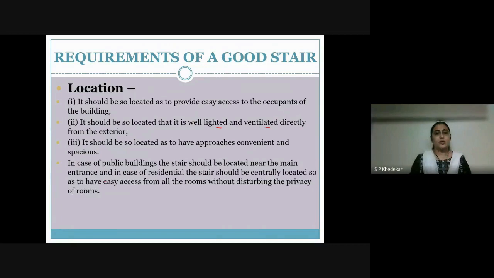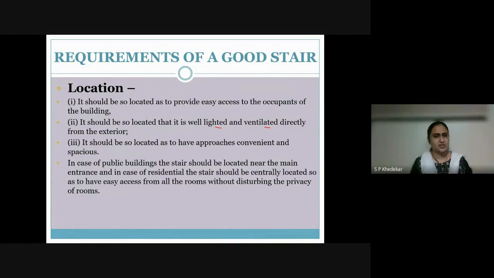Now, when we talk about buildings, there are two types: residential and public buildings. So when we talk about staircases, the location varies for public as well as residential buildings. In public buildings, the stairs should be located near the main entrance because the number of people coming to a public building is larger, and generally there are more floors.